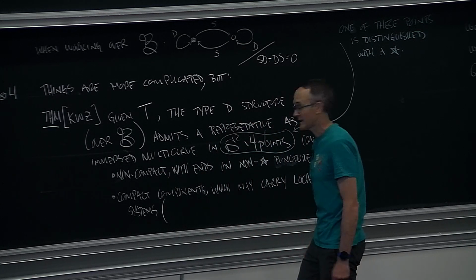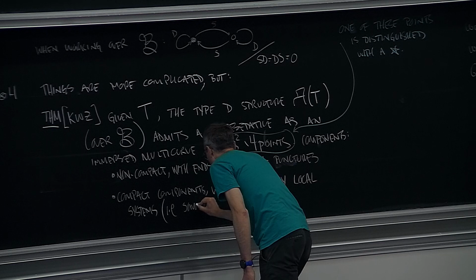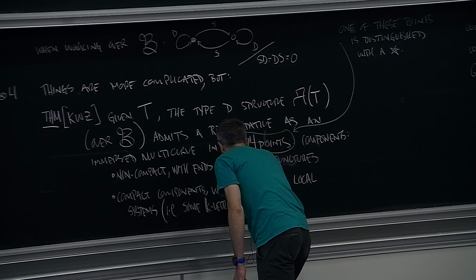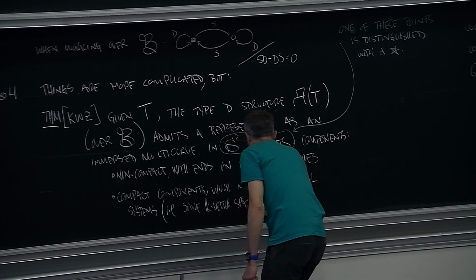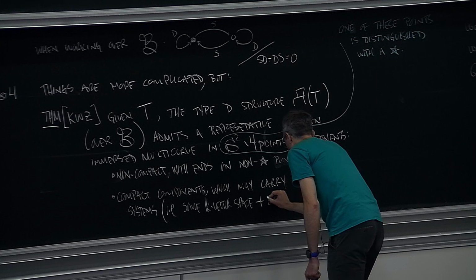What does that mean in practice? It means some k-vector space plus an endomorphism of that vector space.